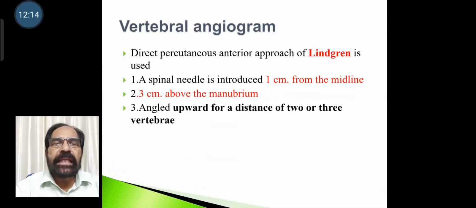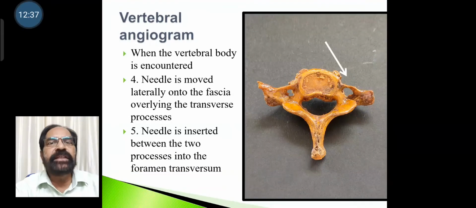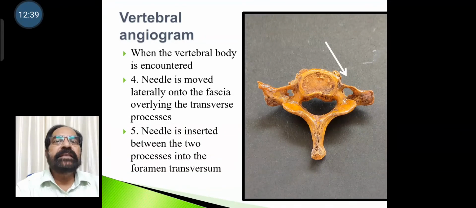The needle is angled upward for a distance of 2 or 3 vertebrae. So when the vertebral body is encountered, the needle is moved laterally, as shown in the figure, onto the fascia overlying the transverse processes.